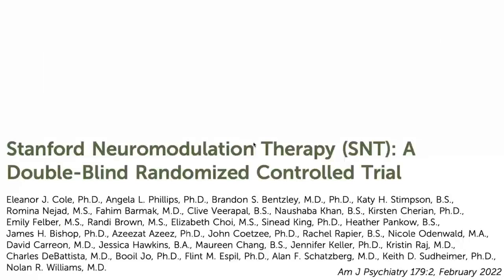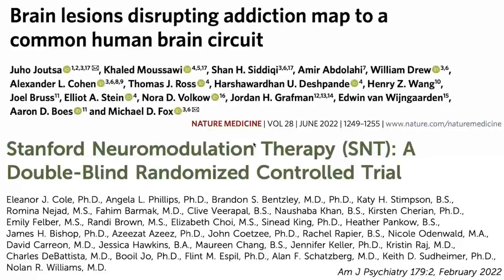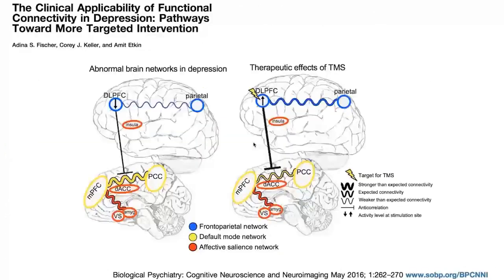One of them is the Nolan Williams work that has been recently published, and people have heard about that. The other is the seminal work that Michael Fox published recently. I think these two works are definitely going to inform what we do for target engagement and finding the optimum targets.